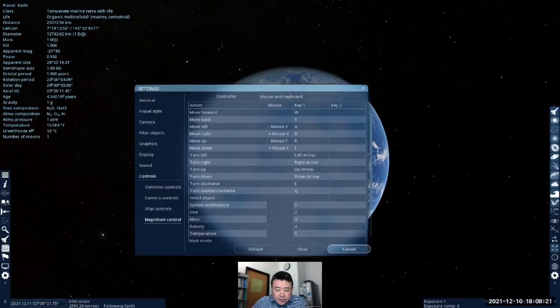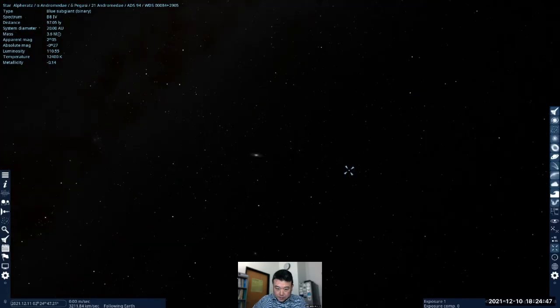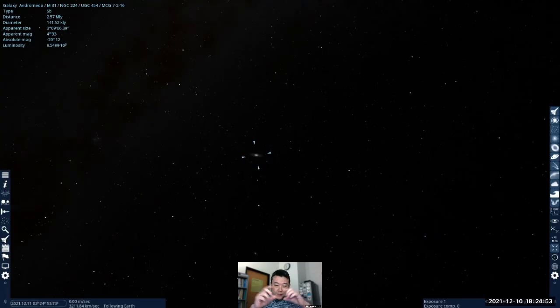So what I want to start out with, can I just close this? With this, that object there used to be called, I think, Andromeda Nebula, because it looks like a nebulous kind of lens-shaped thing.